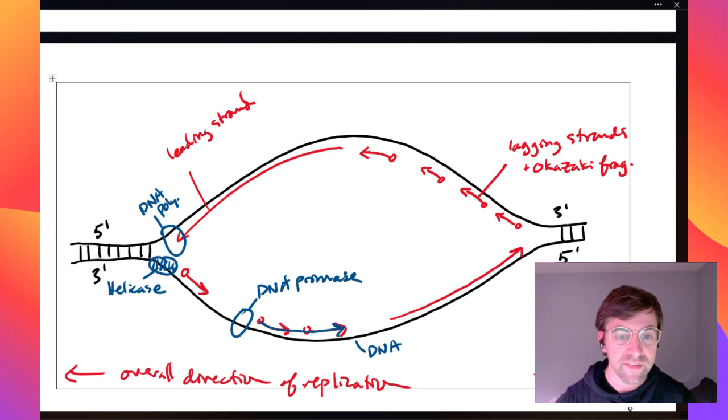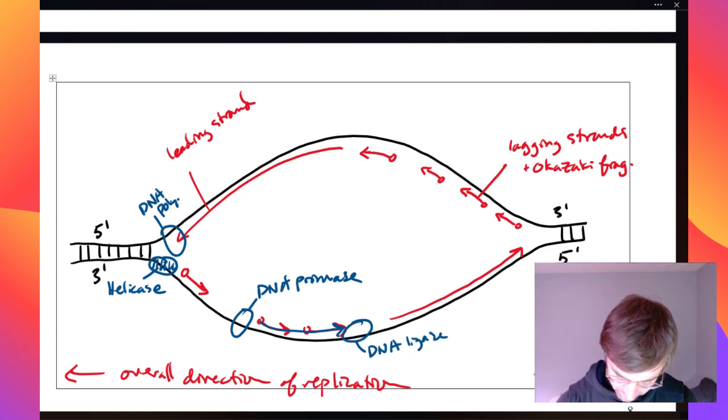Let's see. No, I'm going to leave it as ligase, joining those fragments together.